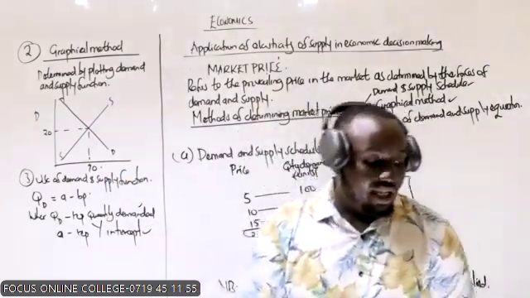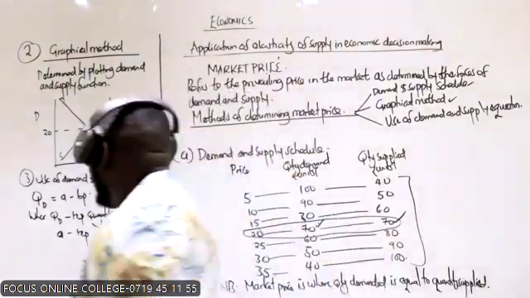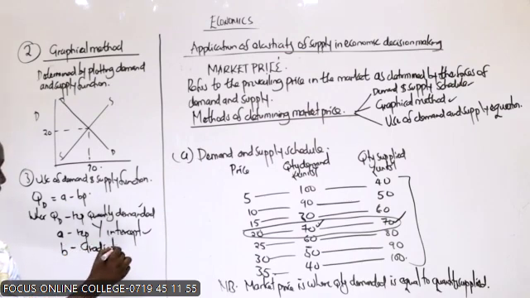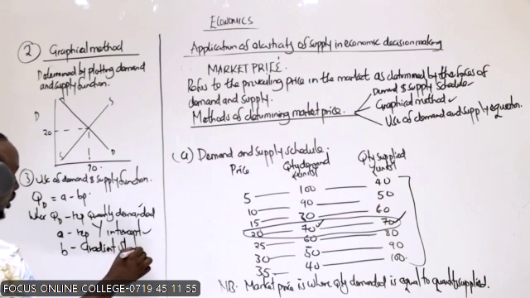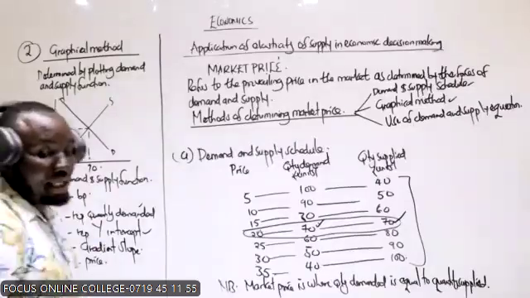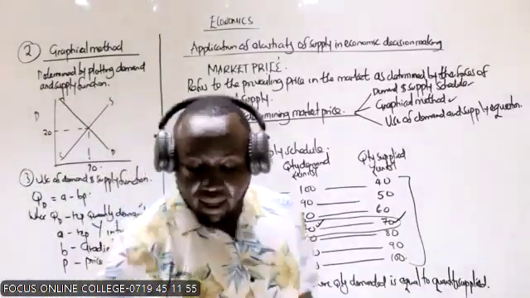Then I have B, which is what we call the gradient, or slope. And P is the price.